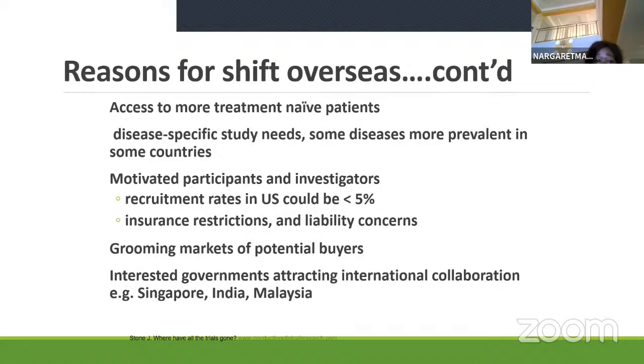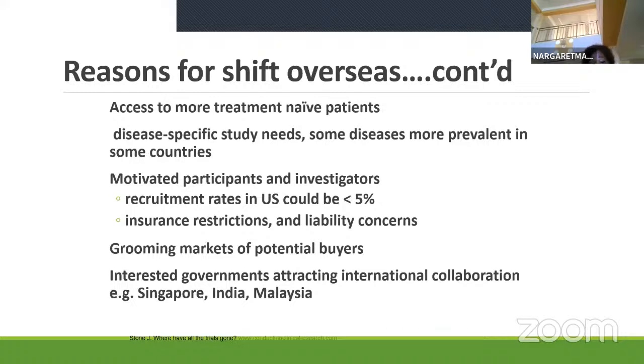So, as I said earlier, if the cases are more pronounced in the developing country, where the health system and healthcare is poor, you are likely to get more treatment-naive patients for your study. And the disease-specific study needs can be met, as earlier mentioned.